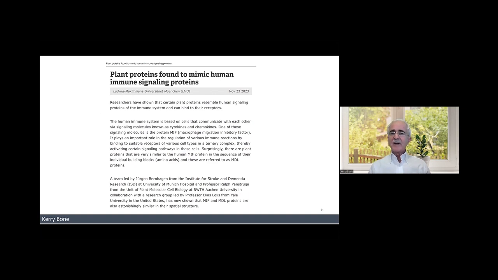And plants don't have an adaptive immune response. They only have an innate one. And that's why I believe that many of the phytochemicals found in plants that have an immune action specifically target the innate immune system in the human, and therefore are quite safe in autoimmune disease, for example. And as already mentioned in the discussion of Baker's work, there's also the likelihood that substrates of plant enzymes will interact with similar structured human enzymes.